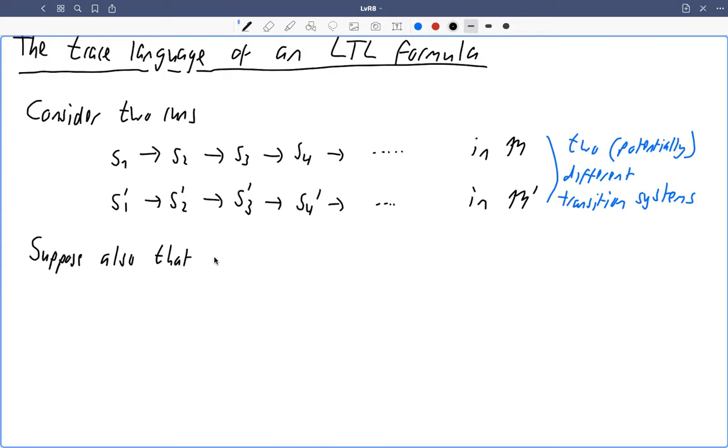So that for all n, I think we called it L, the labeling function, L of Sn is the same as L of S prime n.